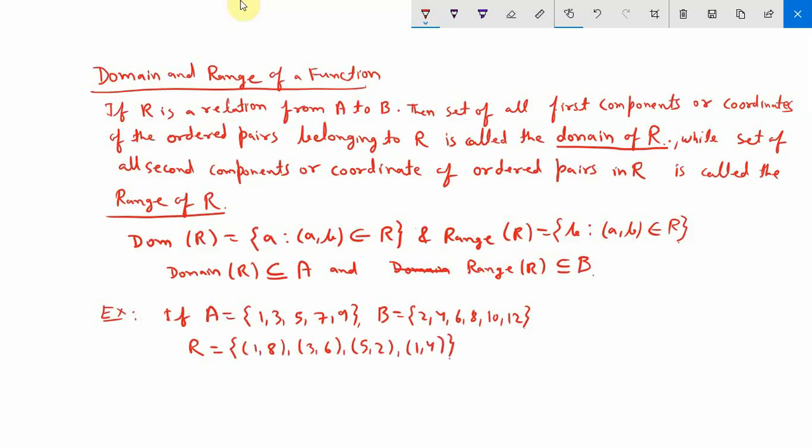Okay. So here domain of R is equal to 1, 3, 5 and range of R is 8, 6, 2, 4.